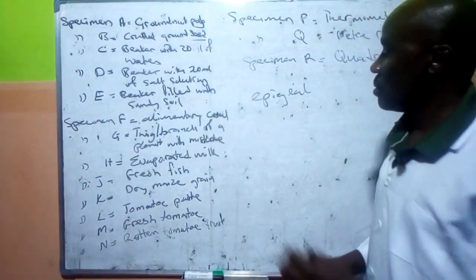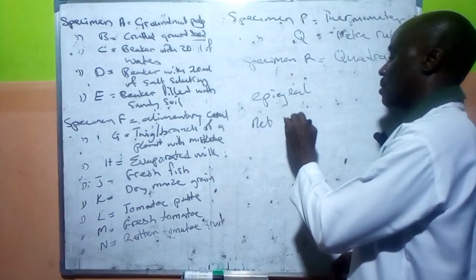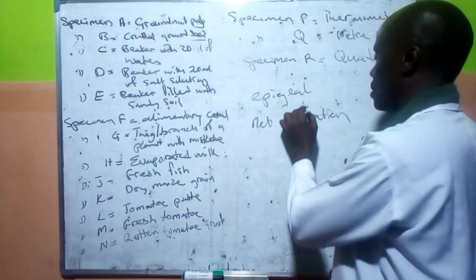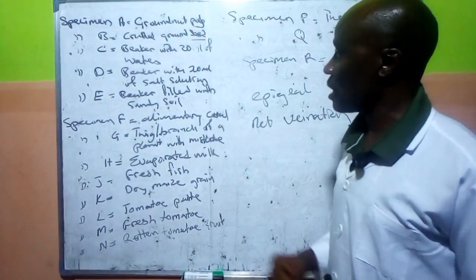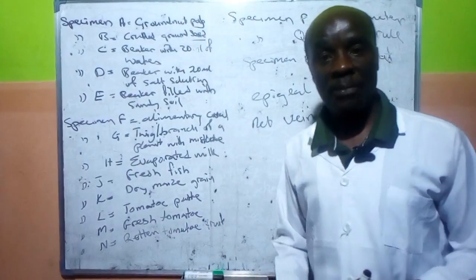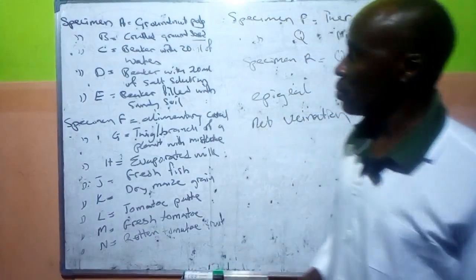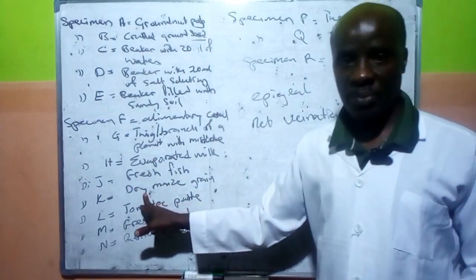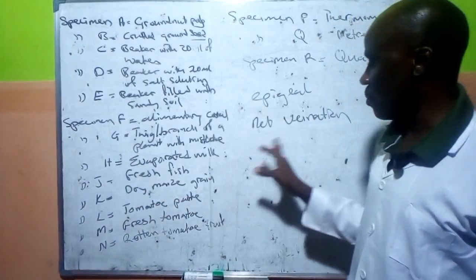Net venation. And then another thing you should note: the type of rooting system is the taproot system. We can also use it to compare. It's likely that they may ask you to compare with the monocot, which is different from what we have there.